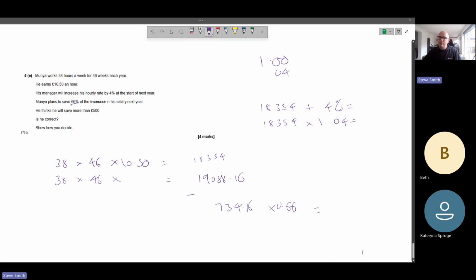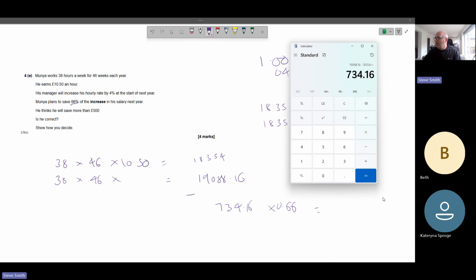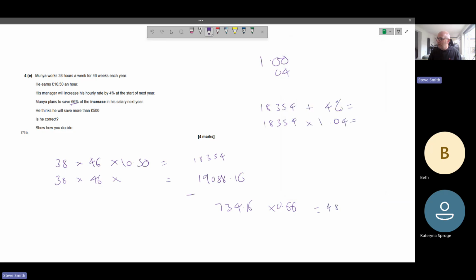I'm going to find my calculator. Where's it gone? Disappeared again. Times by 0.66 equals 484.54p. More than? No. Not far off, but no. Incorrect for the fourth mark.